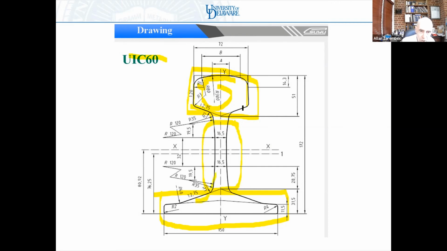By the way, these fillet radius designs are also very important, because as I'll show you when we talk about rail defects in a future class, a poorly designed transition radius, say, in the fillet of the railhead, can result in the development of defects right at that fillet radius and failure.